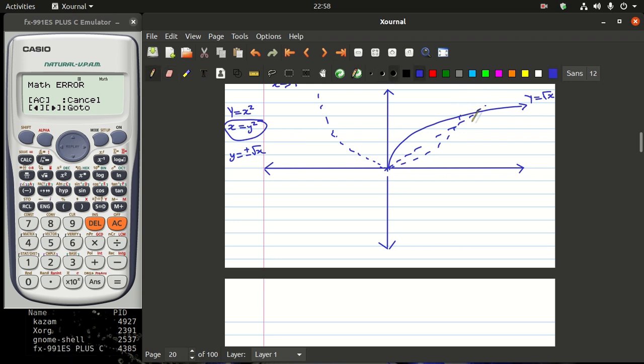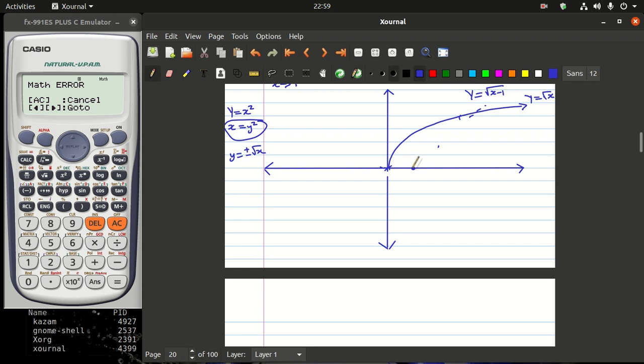So if let's say we look into this, and now we want to actually plot y is equal to the square root of x minus 1. Having a minus 1, we're actually subtracting from this x here, which means move this curve by 1 unit to the right.